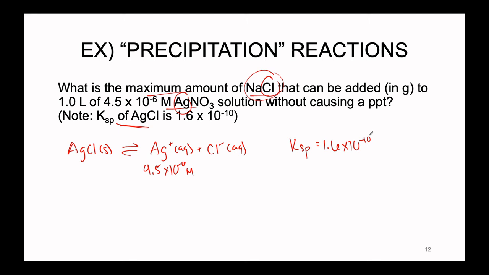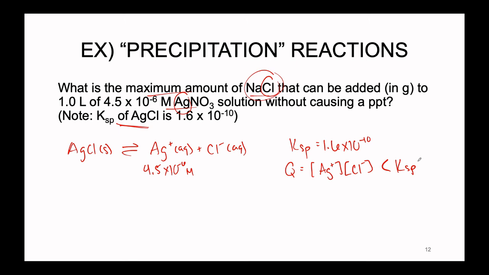And in order to solve this problem, we want to make sure that our Q, which I'll write here, which is equal to the product of our concentrations for silver and chloride, is less than our Ksp.